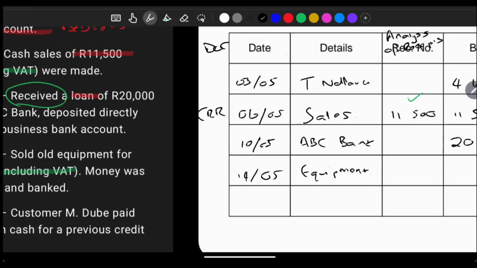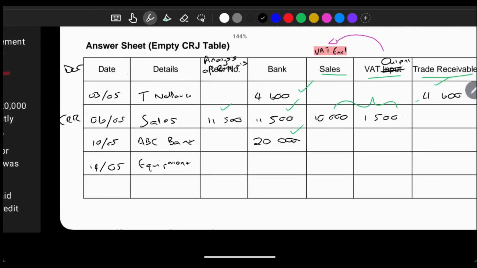right? Then in this case, as much as we sold it, equipment is not a day-to-day sale of ours, hence we can't say cash register roll. To put it again into perspective, ShopRite's daily stock, or the thing that they sell on a daily basis, is your bread, your eggs, all of that, your groceries, right? The day ShopRite sells one of their delivery trucks, it can't be considered part of the cash register roll.